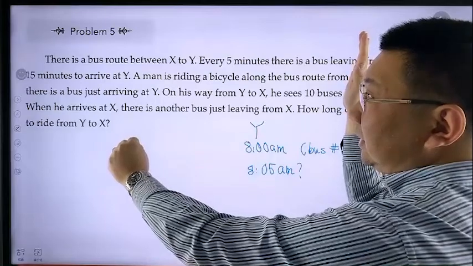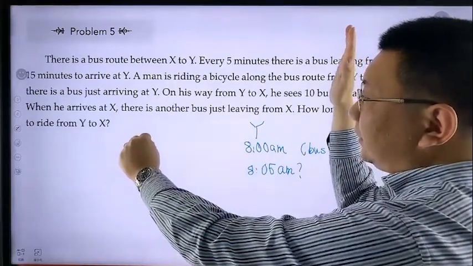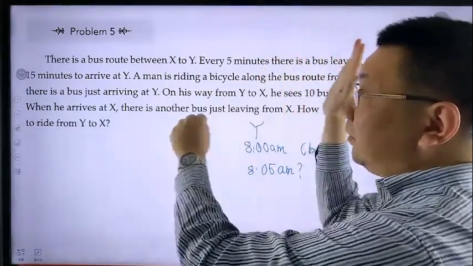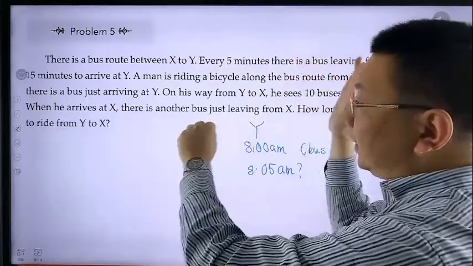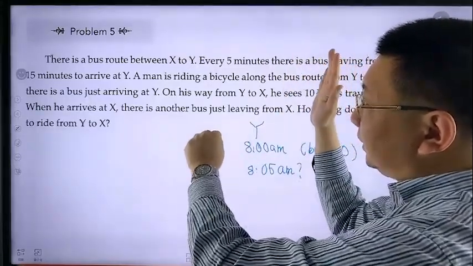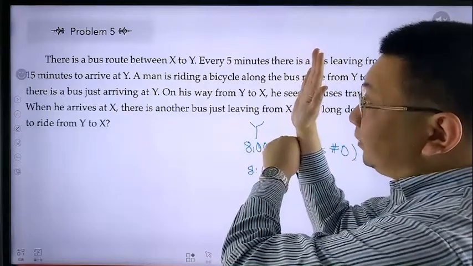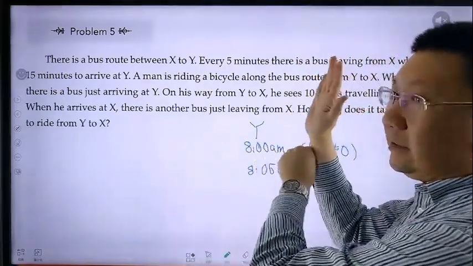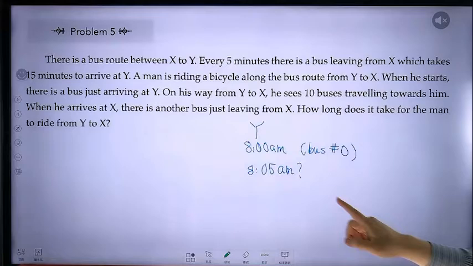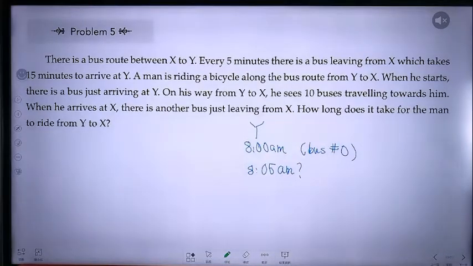However, once I start to travel, the bus will travel as well. So for me to meet the bus, even if I ride relatively slowly, it will take less than 5 minutes, right? So in that sense, we don't really know exactly the meet time. So that is the part which is difficult, right?